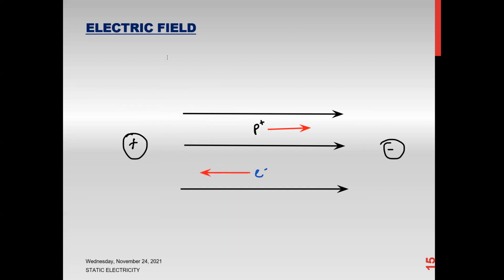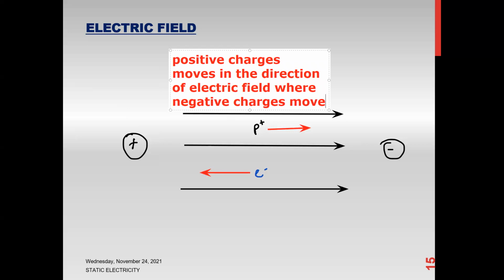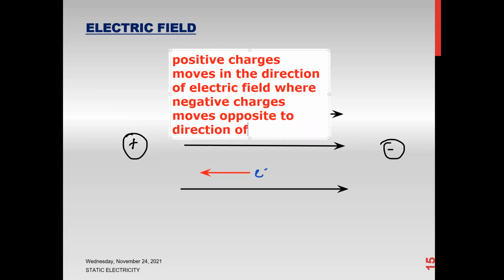So in short, we can say the positive charges move in the direction of the electric field, whereas negative charges move opposite to the direction of the electric field.